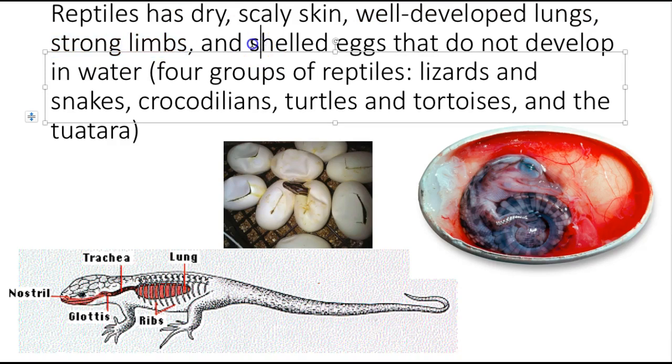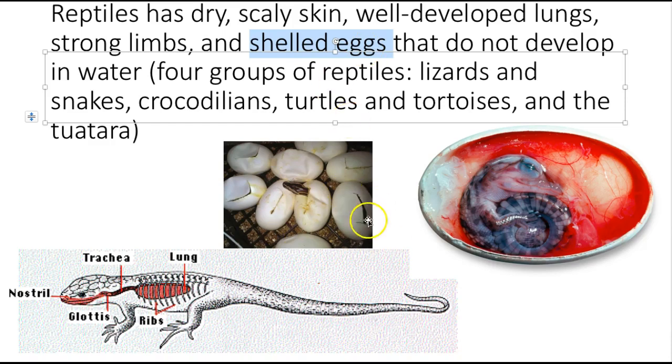They have shelled eggs. Before reptiles, amphibians and fish had to have their eggs submerged in water in order for the egg to survive. If you think about an egg, it's all kind of watery, right? However, in order for the entire species to survive on land, the egg itself also needs protection from losing too much water.